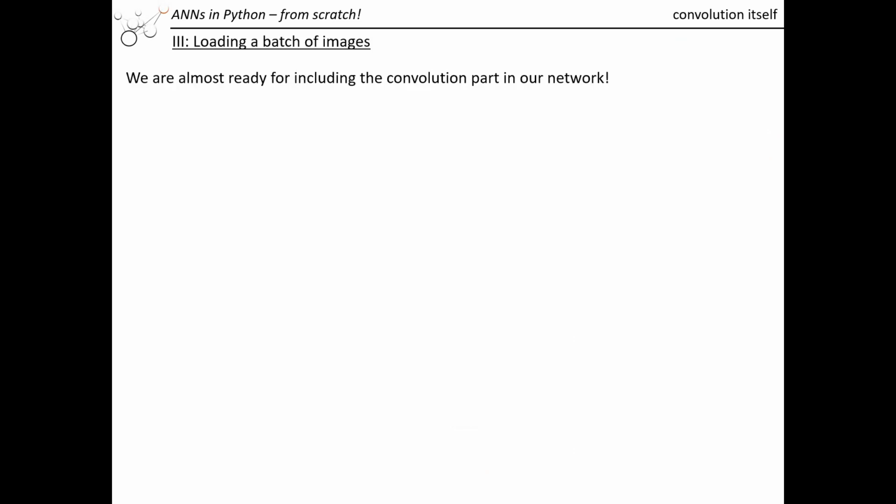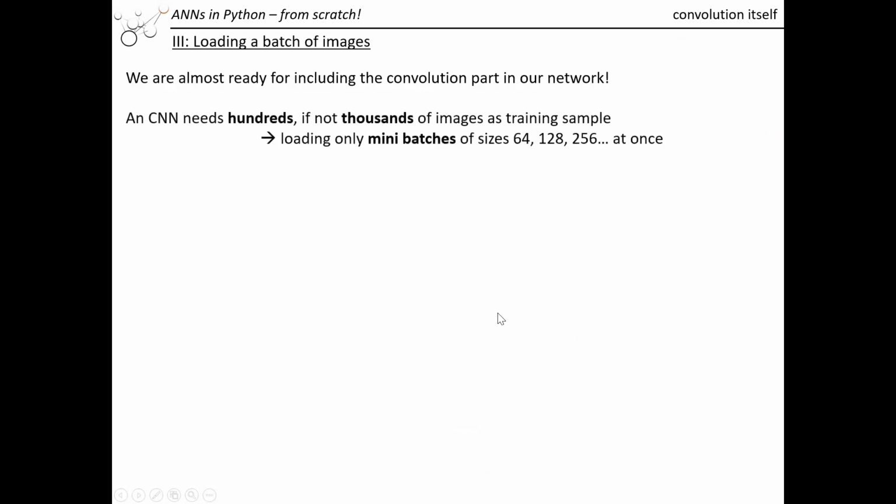Okay, so now we're almost ready for including this convolution part in our neural network package. The problem now is that we actually have to do one thing first. In the first part of this lecture, where we had just a matrix with data points, we were able to feed in the entire matrix for every epoch.